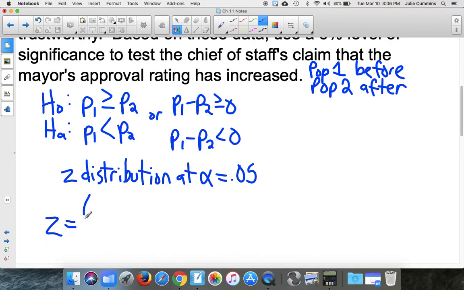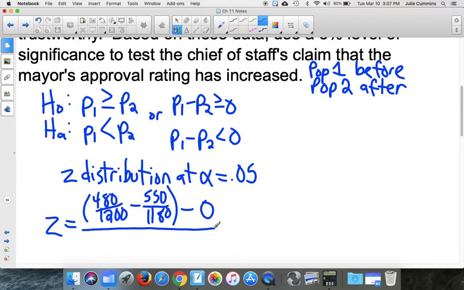So p hat 1 is going to be x1 over n1, so 480 out of 1200, minus p hat 2, which is 550 out of 1180, minus, and then we have the P1 minus P2. That comes from the null hypothesis, so that's 0, just that whole thing is 0.